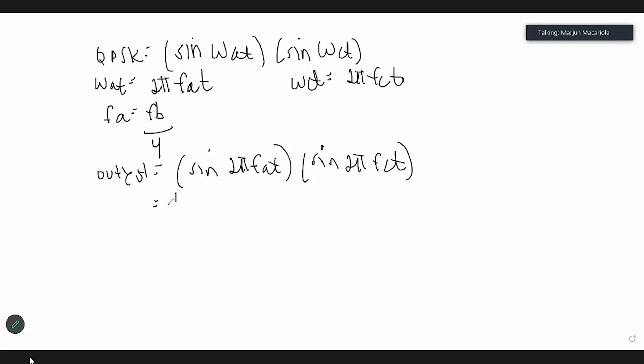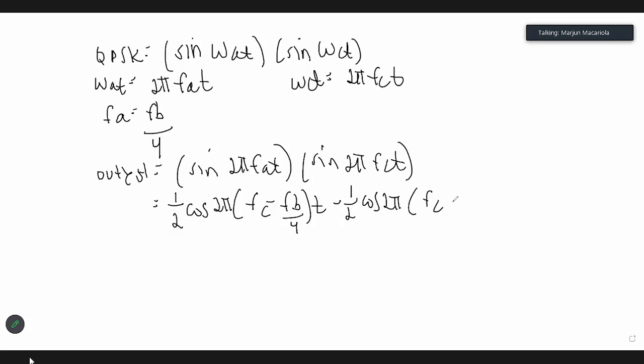So that is 1/2 cosine 2 pi minus their angle, which is FC minus ang FA po natin ay FB over 4, t, minus 1/2 cosine 2 pi FC plus FB over 4, t.